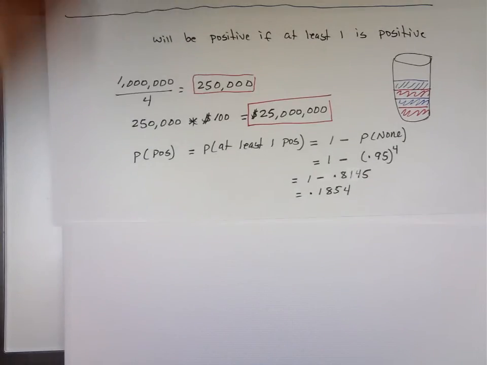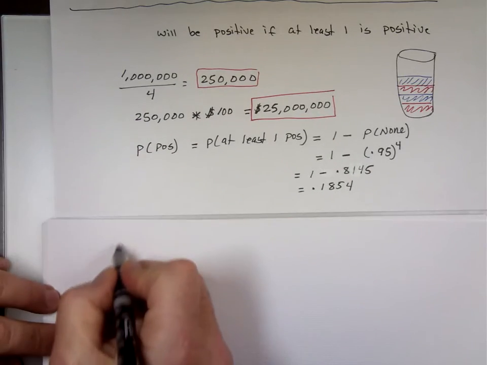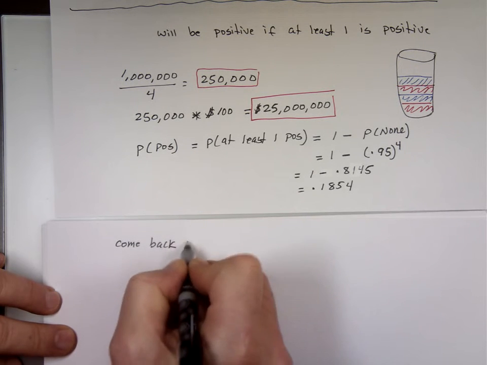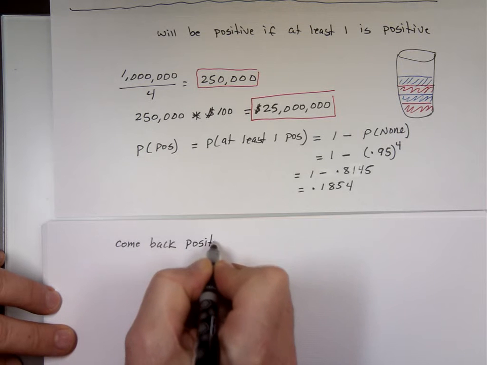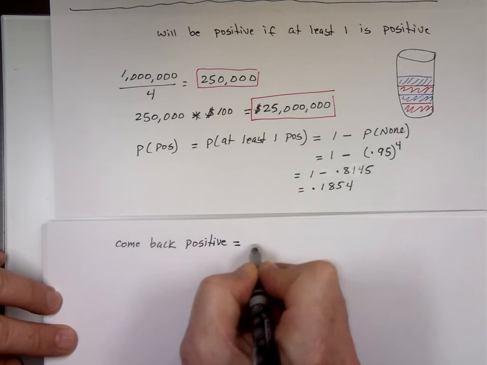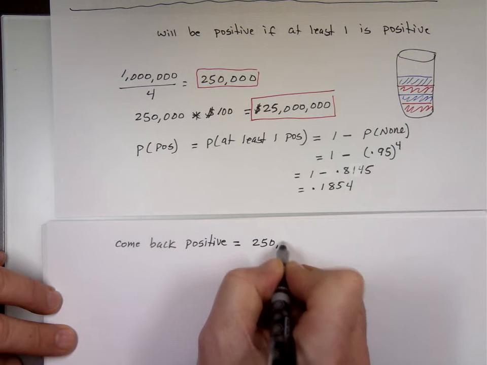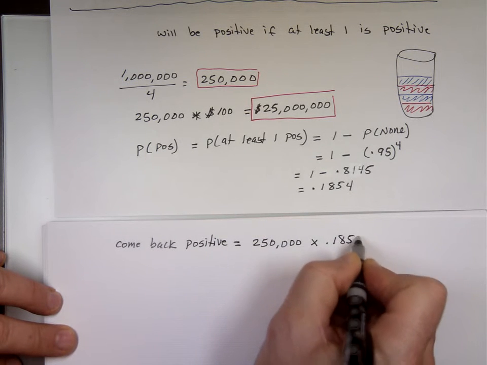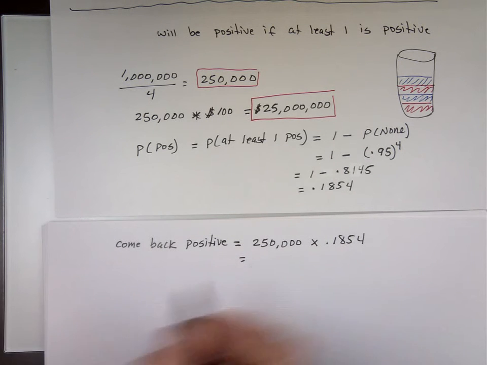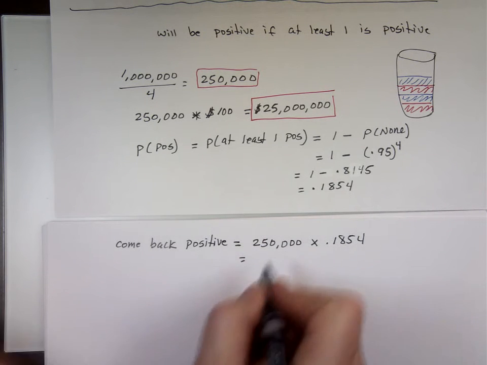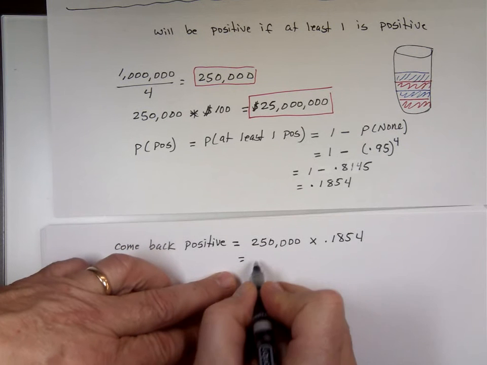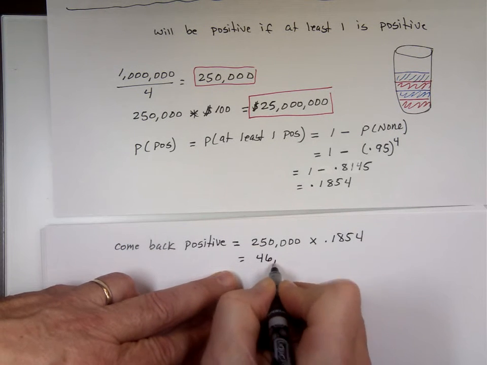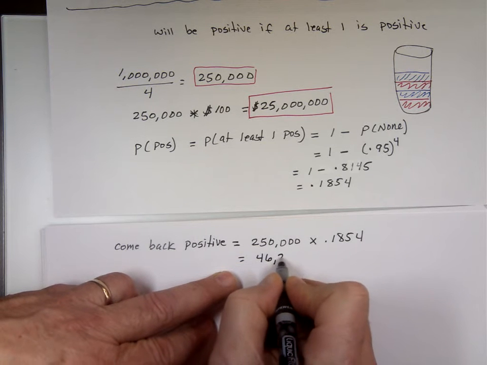It's going to be 250,000 of them times 0.1855. That's about 46,000. 46,373 tubes will come out positive.